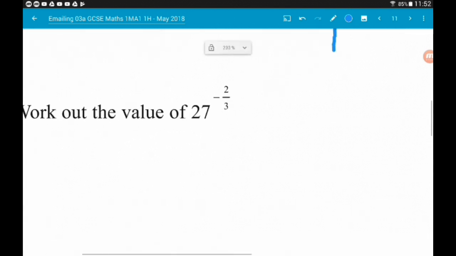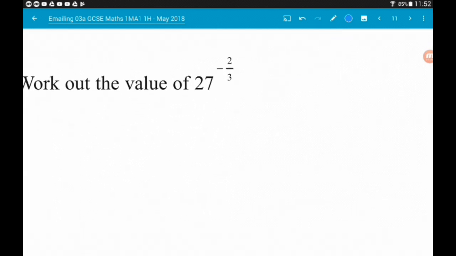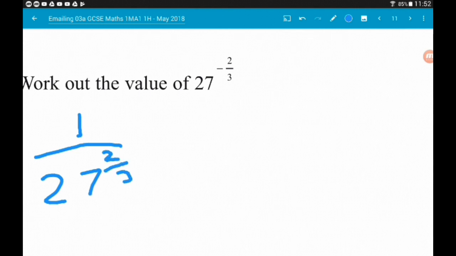Then we want to work out the value of 27 to the minus 2/3. Okay, so the negative part of a power takes our number and the rest of the power down onto the bottom of a fraction with a 1 on top. So the first thing we can do is write this as 1 over 27 to the 2/3.